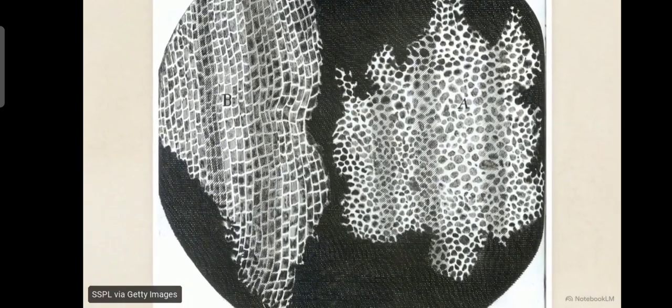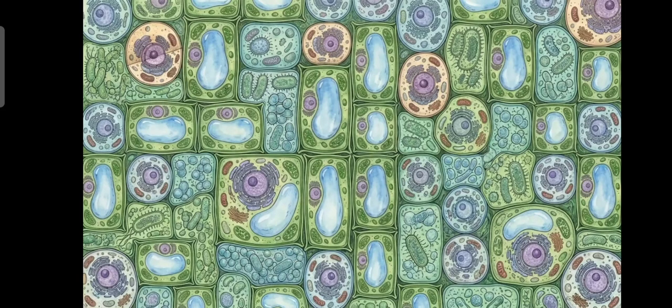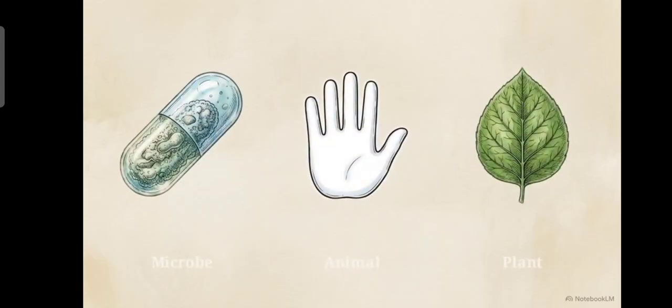Under magnification, he noticed the plant material was divided into tiny, box-like compartments. He named them cells. This observation laid the groundwork for cell theory, the realization that absolutely every living organism on Earth is constructed from these individual, self-contained units.